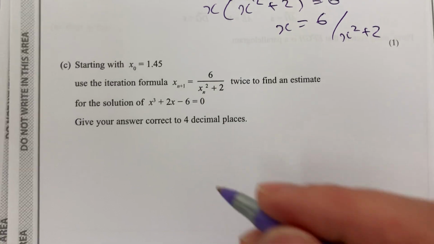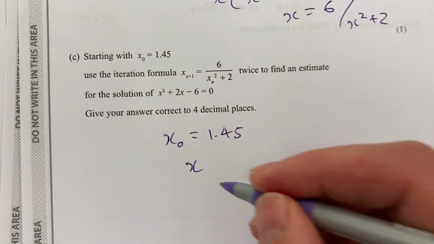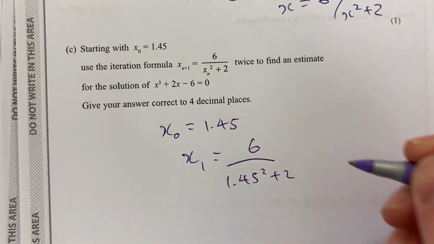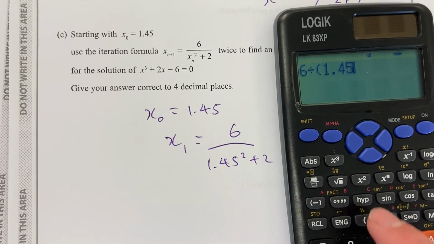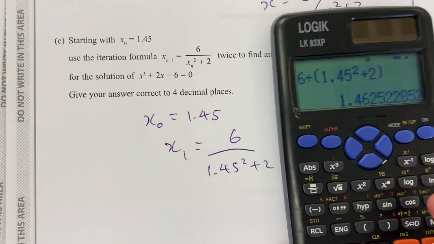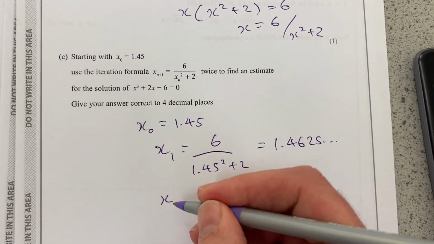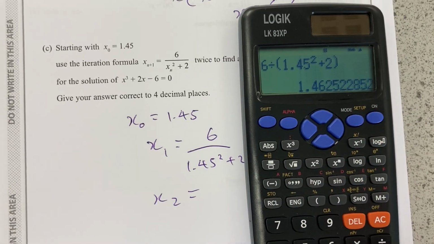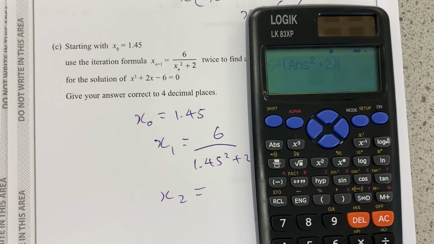Right, starting with x naught being 1.45. So x1 is going to equal 6 over 1.45 squared plus 2. So 6 divided by 1.45 squared plus 2. I get 1.4625. Use that for x2. So 6 divided by my answer squared plus 2.